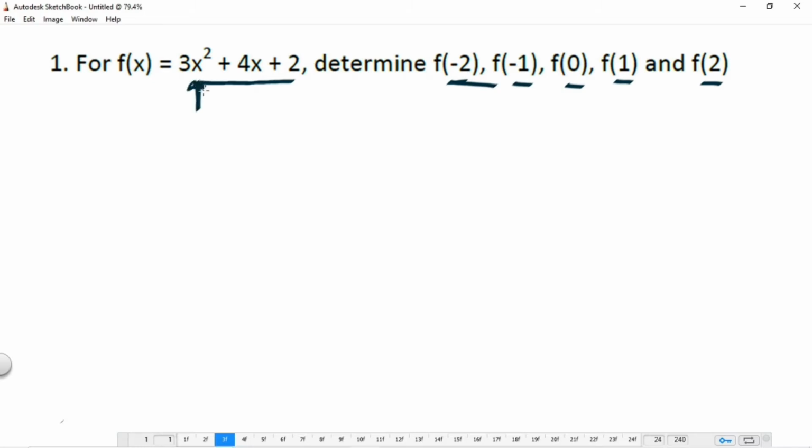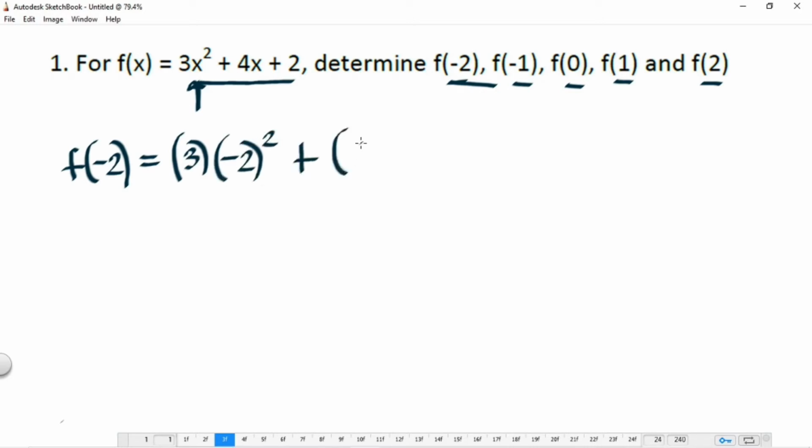Let's start with f of negative 2. So f of negative 2 will be equal to 3 multiplied by negative 2 raised to 2 plus 4 multiplied by negative 2 plus 2. Then, let's continue solving this one.